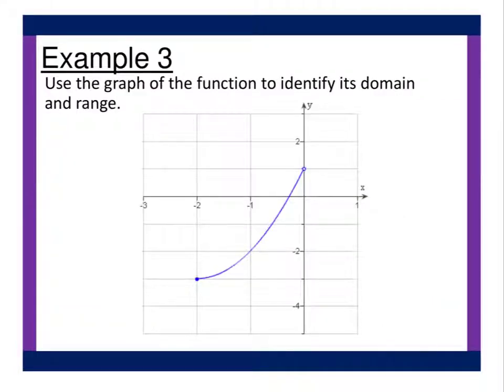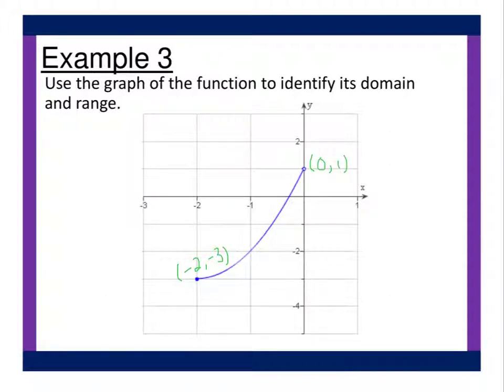So, example 3 here. Use the graph of the function to identify its domain and range. We want to start off by looking at our x's. It might be helpful for us to label these points as an x and a y. Like the point down here at the bottom is the point -2, -3. The point up here would be 0, 1.